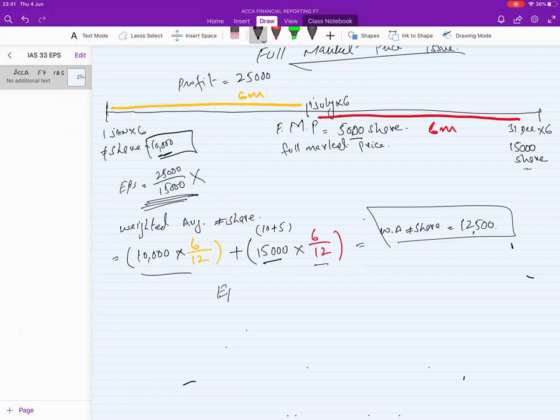So now we can calculate EPS. EPS is equal to profit divided by number of shares. The profit is 25,000, divided by the number of shares, which is 12,500.